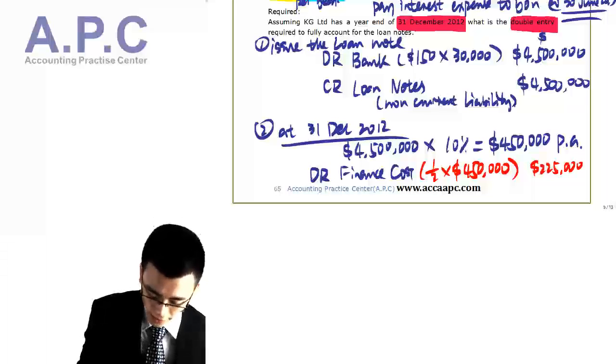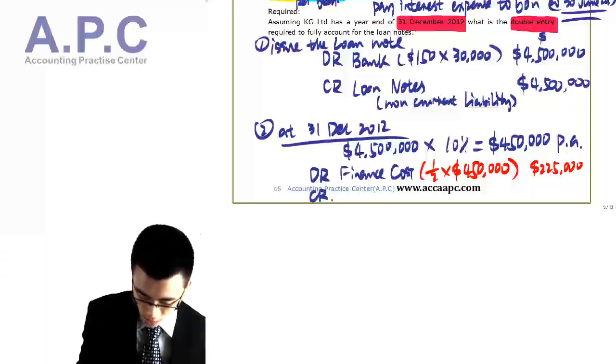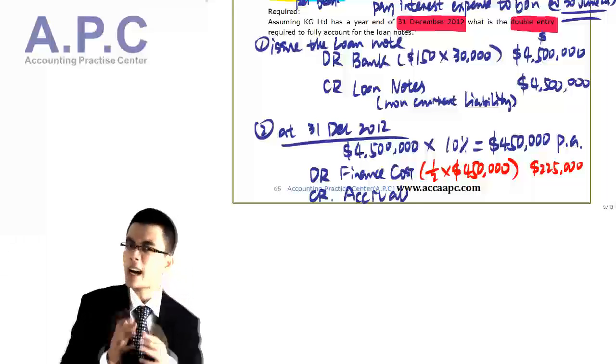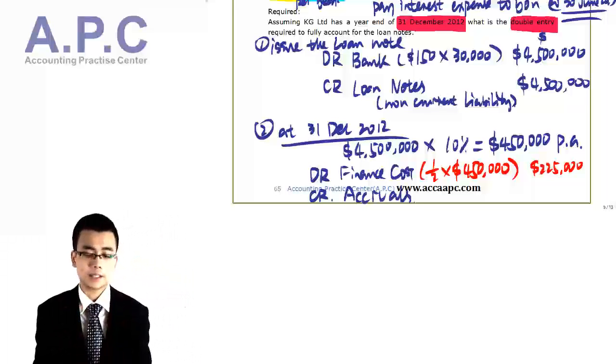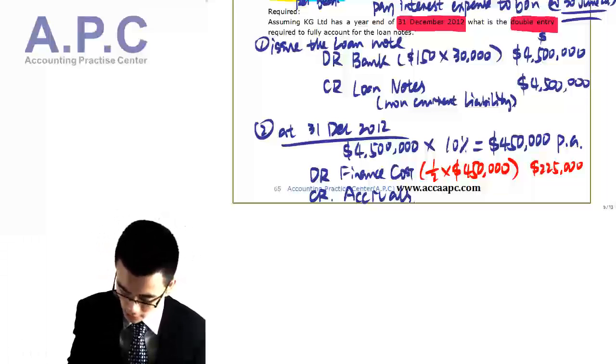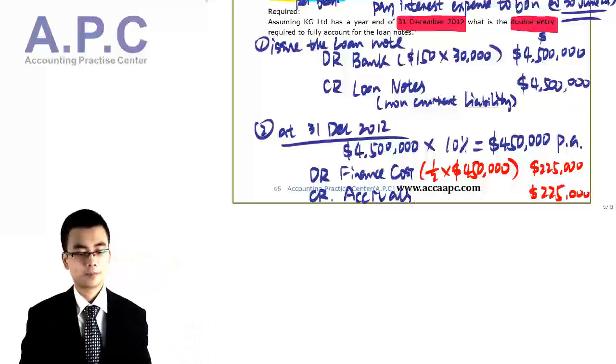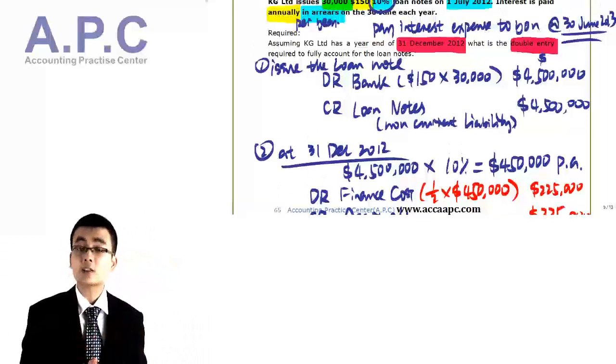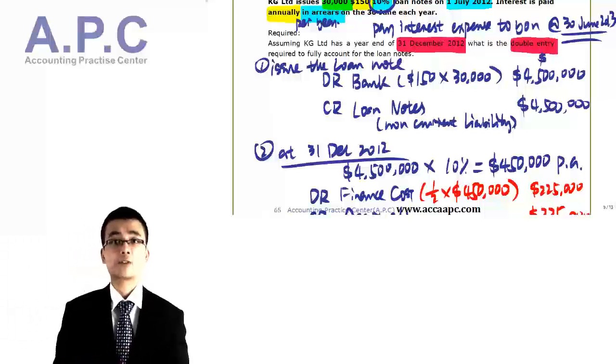We also have to credit our accruals, as a liability to be paid by the company, of $225,000. So this is how we account for the loan notes in the F3 exam.